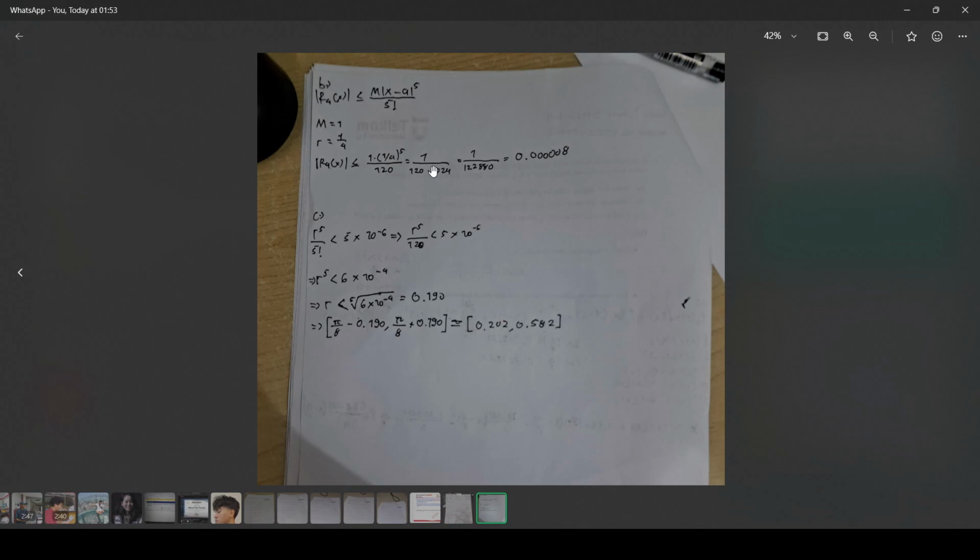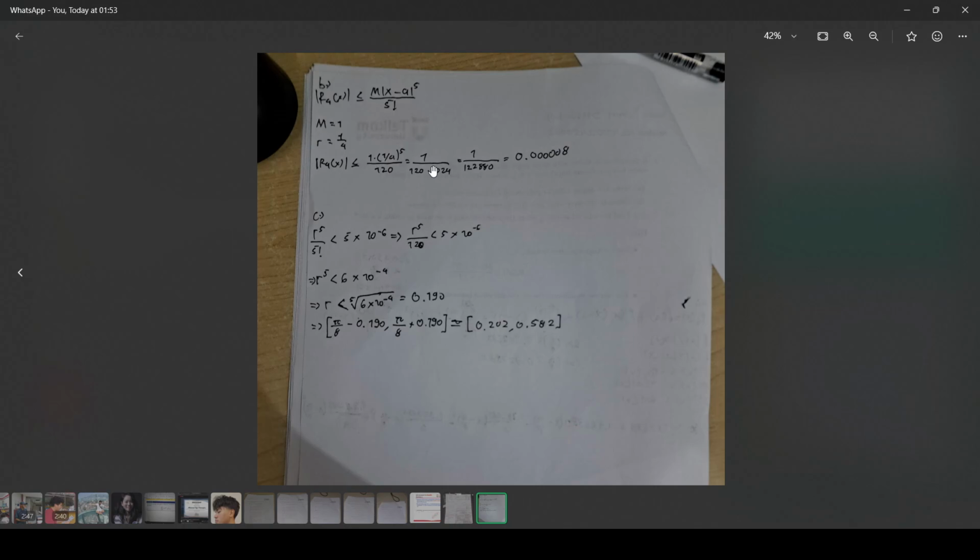We move the 120 to the other side, and we get r to the power of 5 is less than 6 times 10 to the power of minus 4.